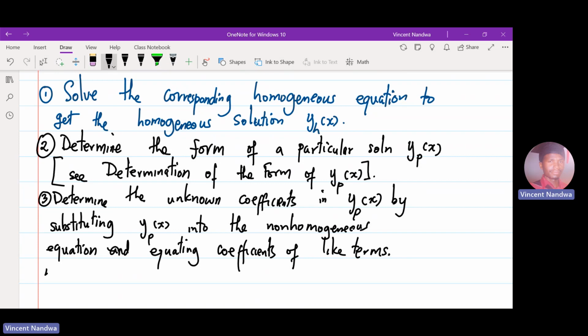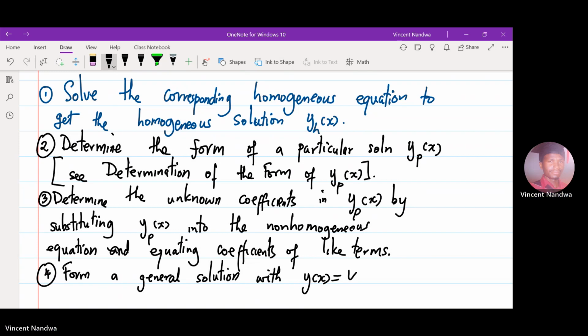And then the last step, form a general solution, which is of the form y equals yh plus yp. That simply means the general solution of the equation will be given by the homogeneous solution plus the particular solution.